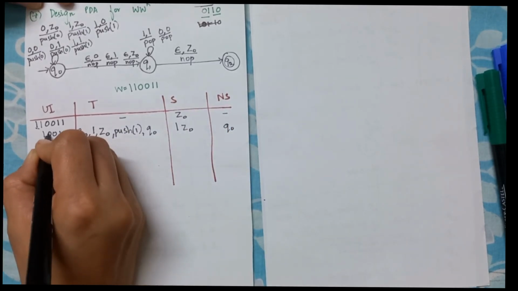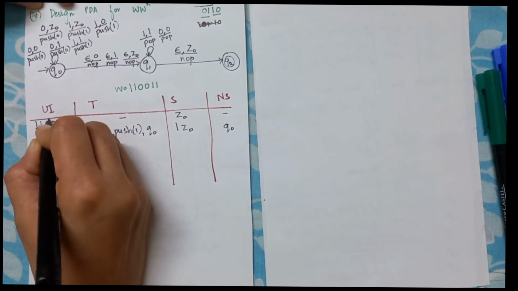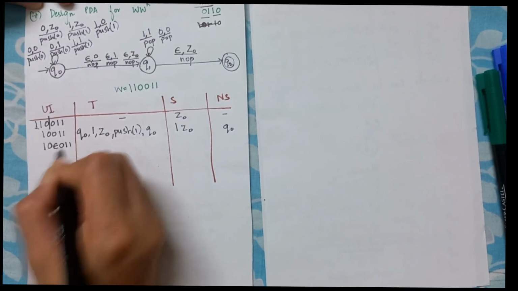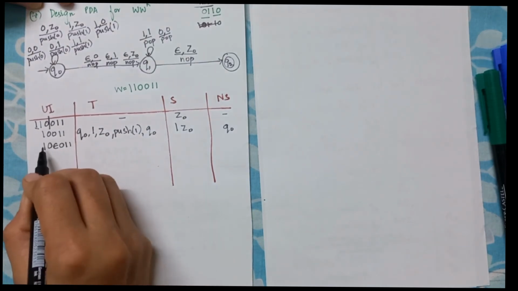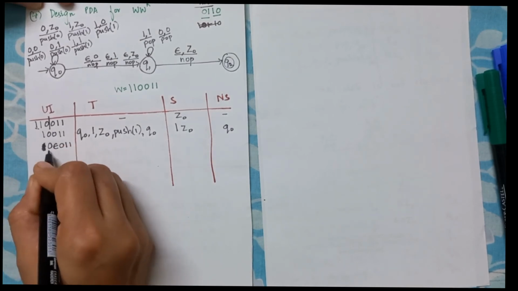Here we are actually supposed to be considering an epsilon. That is, this is my W and this is my WR. So here I will consider an epsilon. So I'm reading a 1 this time.